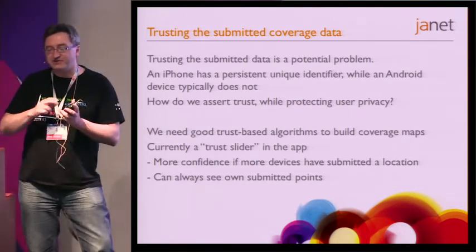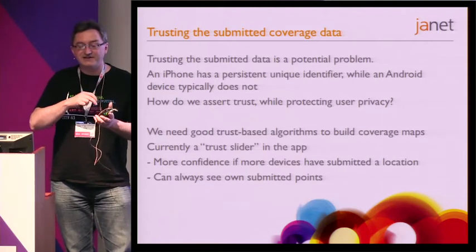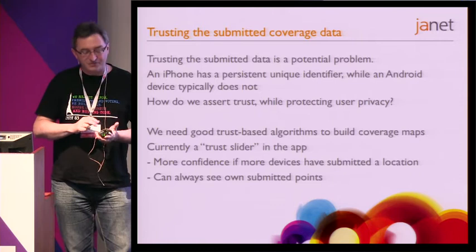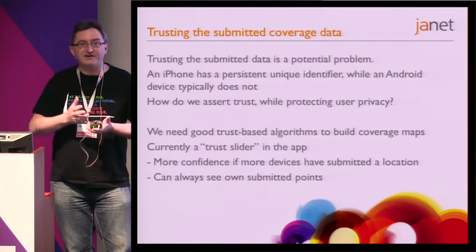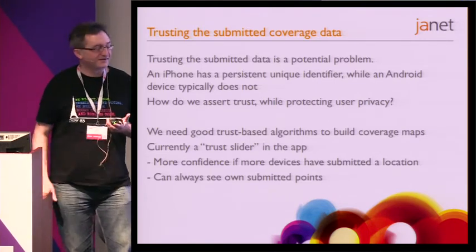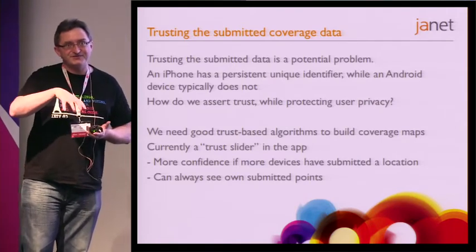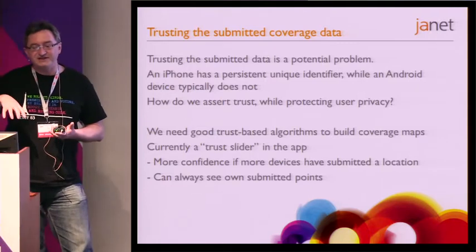So at the moment, you can just move a slider, you can set it right down low so that even if just one person has contributed a point, you will see it on the map, but you could move it so that you require a certain number of extra people to have submitted it. So that's a very, very simplistic model.